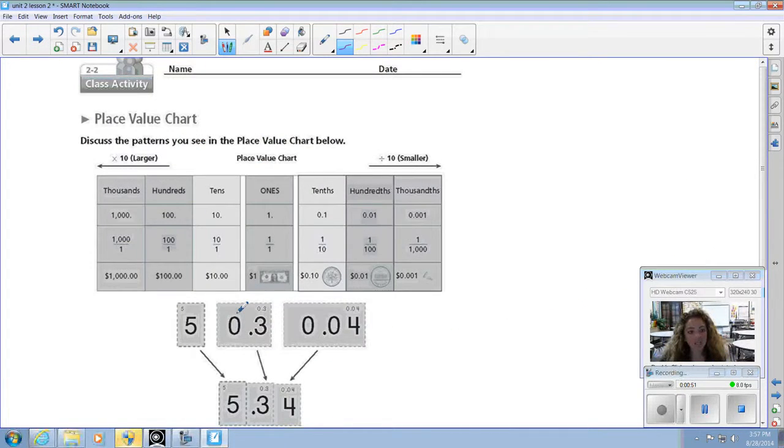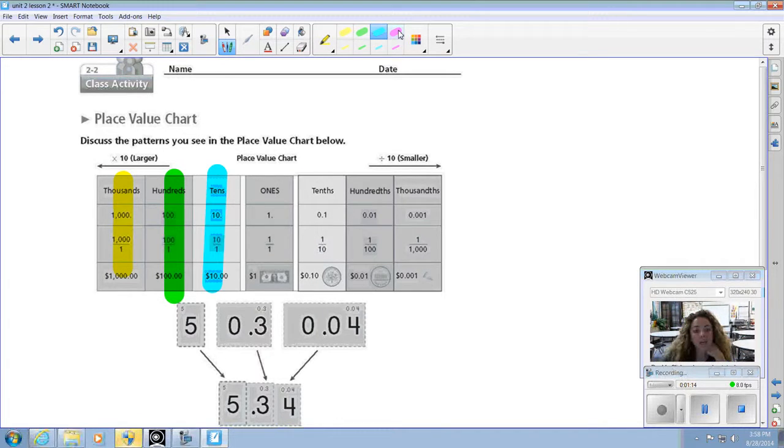Okay, so this page, we're going to start with talking about how we think about place value. When we start with place value, we've got the thousands here. Let me grab my highlighter so I can highlight in some different colors. So thousands are here in yellow, okay? Then we've got hundreds here in green, tens in blue, and ones in a purpley pinky color.